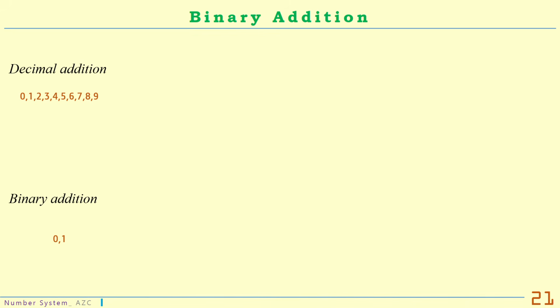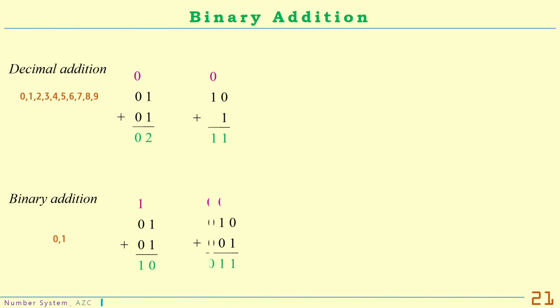In decimal addition, 1 plus 1 is 2. In binary addition, 1 plus 1 is 10. In decimal addition, 10 plus 1 is 11. In binary addition, 10 plus 1 is 11. In decimal addition, 11 plus 1 is 12.